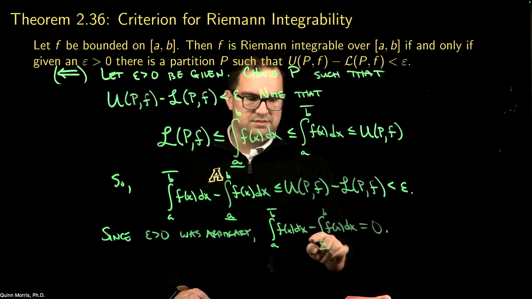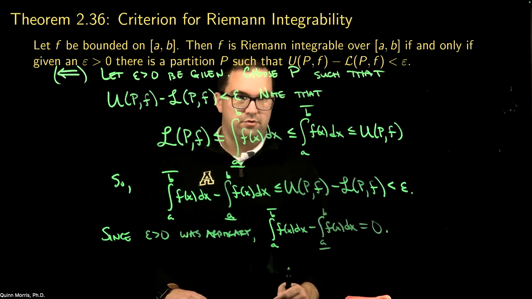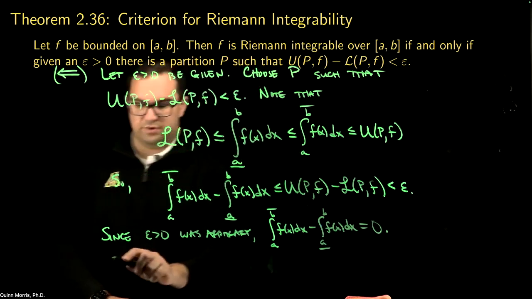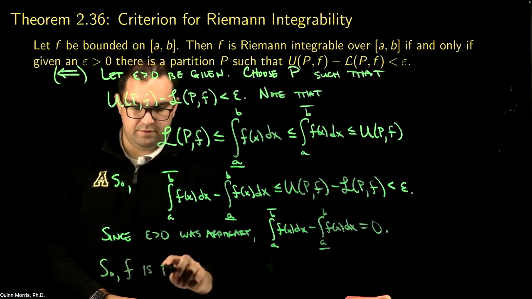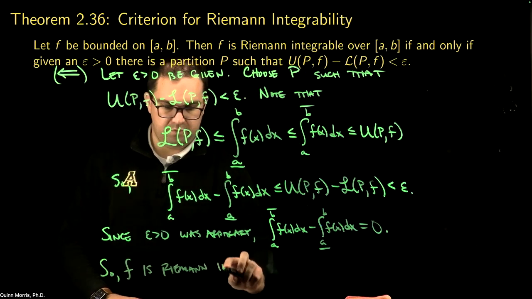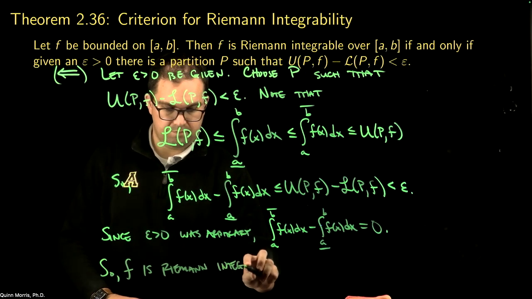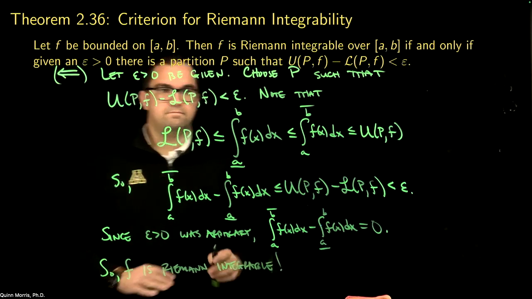But what does that mean? That means these two things are equal, which means the upper Riemann integral and the lower Riemann integral are equal. That means the function is Riemann integrable. So f is Riemann integrable, which is what we wanted to show.